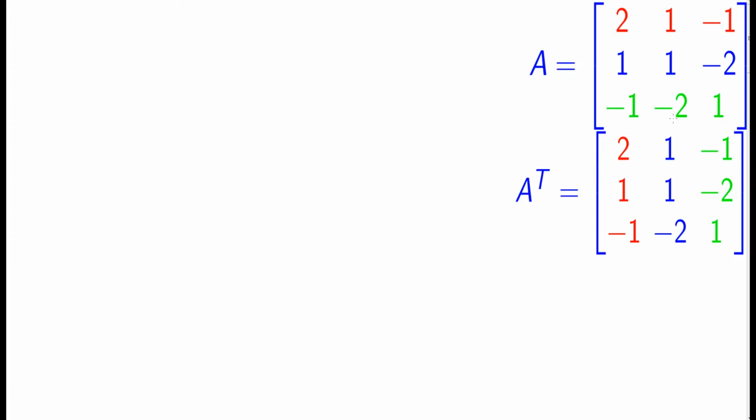To do orthogonal transformation, the matrix has to be real symmetric. For a matrix to be symmetric, the transpose of the matrix A should be equal to matrix A itself.